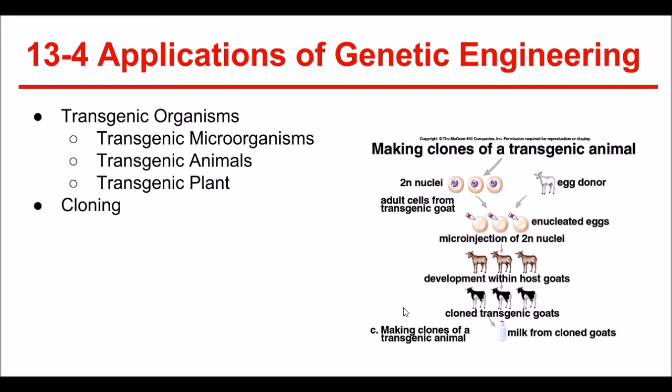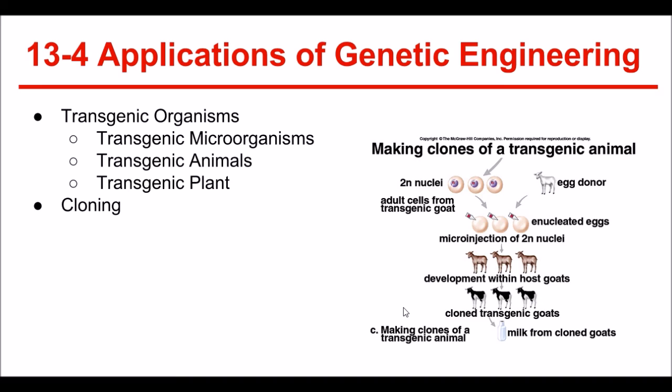Mice have been produced with human genes that make their immune system act similar to those of humans. And this means we can test out different types of cancer research or cancer drugs on them. And then some transgenic livestock have extra copies of growth hormone, which means they grow bigger and quicker. And then we have transgenic plants, which we've talked about before with the polyploidy plants.